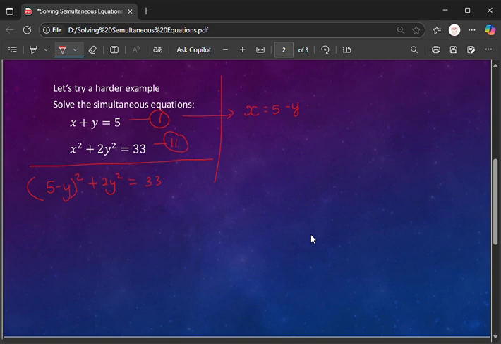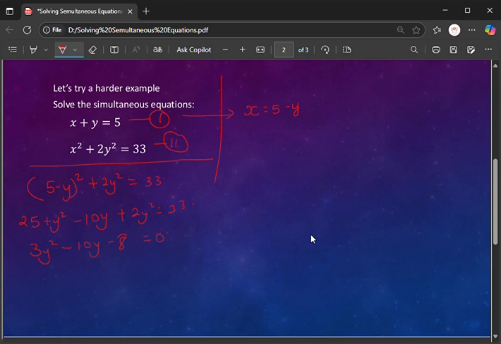Expanding this, we have 25 plus y squared minus 10y plus 2y squared equals 33. Simplifying, we have 3y squared minus 10y minus 8 equals 0.